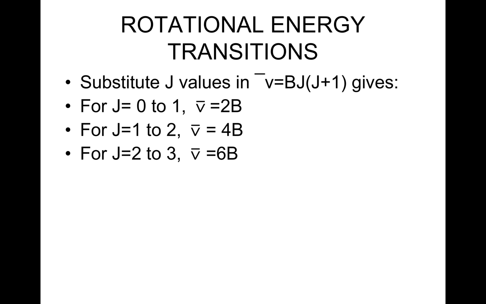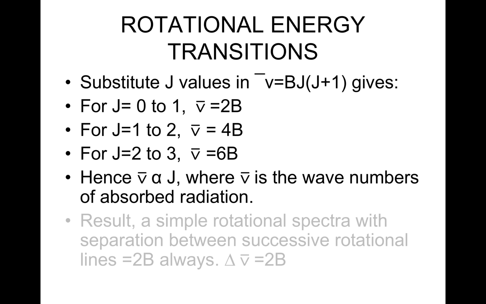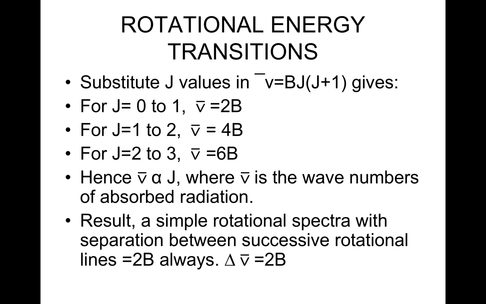For J equals 2 to 3, ν̄ is equal to 6B. Hence, ν̄ is proportional to J, where ν̄ is the wave number of absorbed radiation. Results: a simple rotational spectrum with separation between successive rotational lines equal to 2B, always. So Δν̄ is equal to 2B.